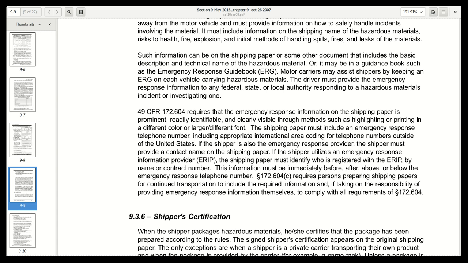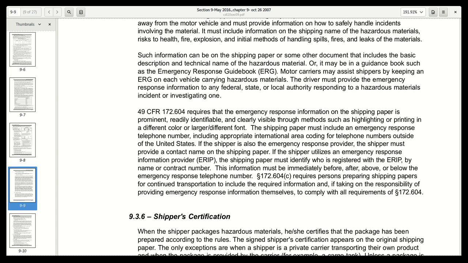The shipping paper must include an emergency response telephone number, including appropriate international area coding for telephone numbers outside of the United States. If the shipper is also the emergency response provider, the shipper must provide a contact name on the shipping paper.